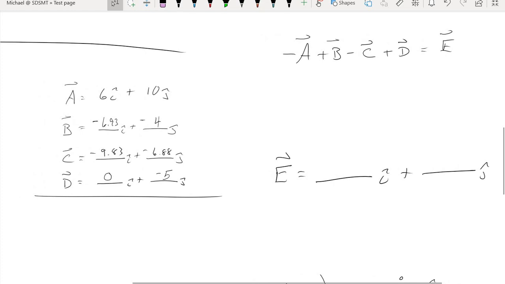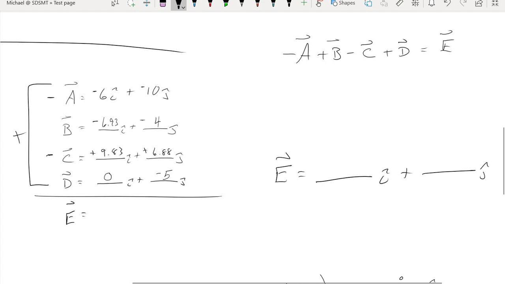And now, that's not hard. All I have to do is come back to my collection of vectors here. I need the vector negative a, so I'll take vector a and turn it into vector negative a. B can stay the way it is. Vector c, I need to turn that back into vector negative c. And vector d can stay the way it is. So this combination of vectors added together will produce vector E.